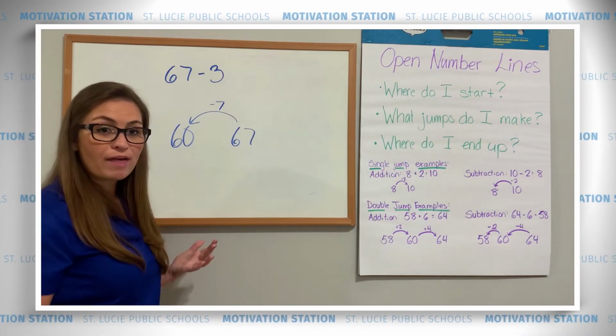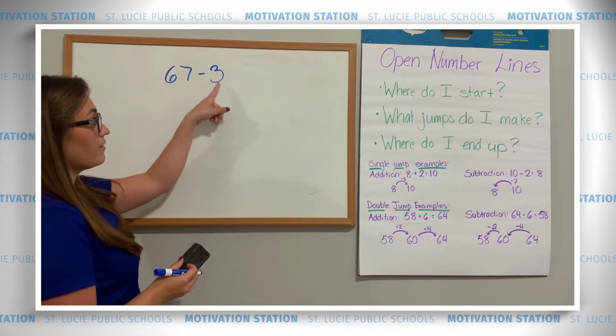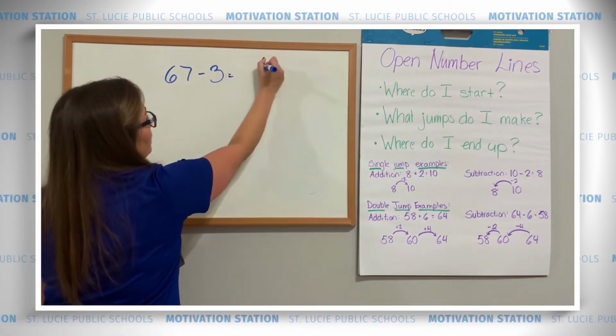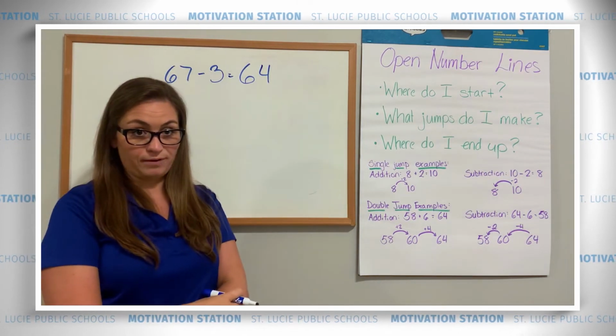You don't need to go that far. So for those kinds of equations, you just need to think about 7 minus 3, which would be 4, and your answer would be 64.